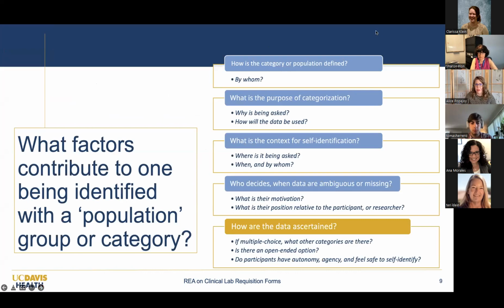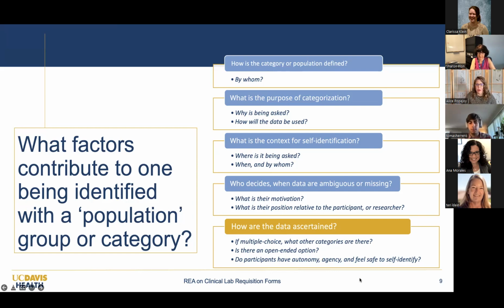And there are different ways of thinking about population categorization. The one that we're focused on here, there are lots of questions here. You can read them, and I've presented them before, but the ones that we're really focused on is how are the data ascertained? So are there particular frameworks or categories or ways of asking questions that will get us the best type of information we can?